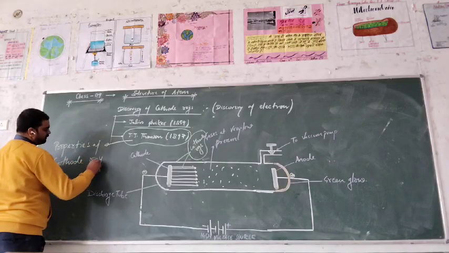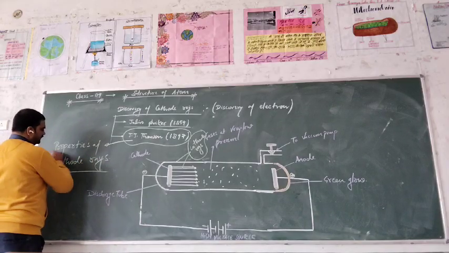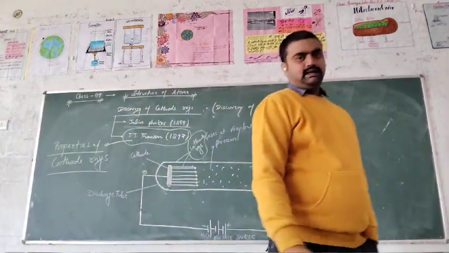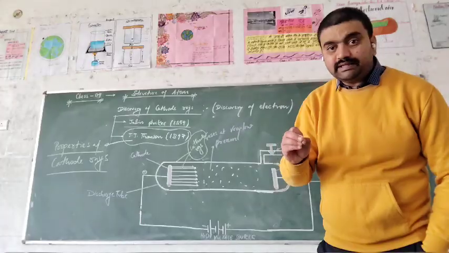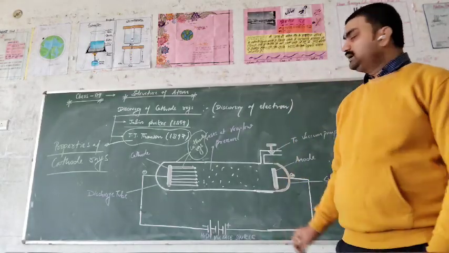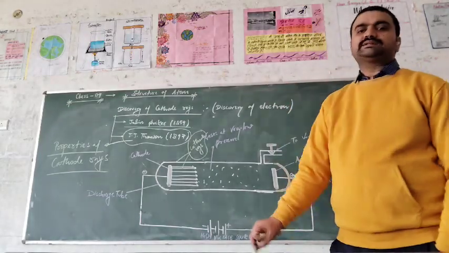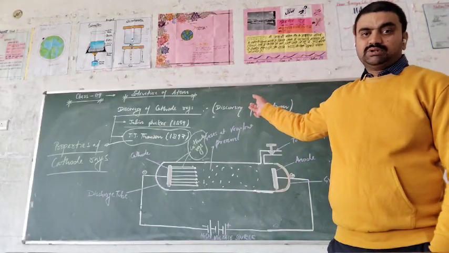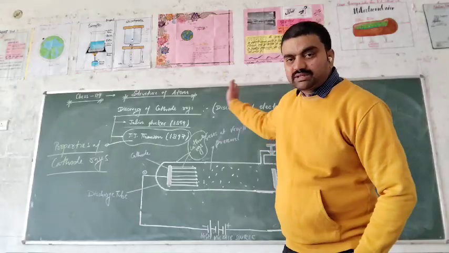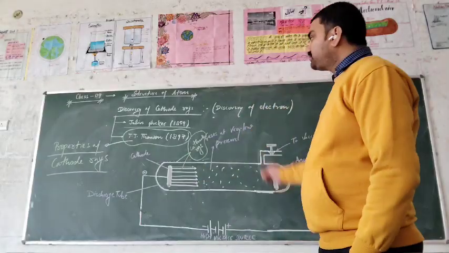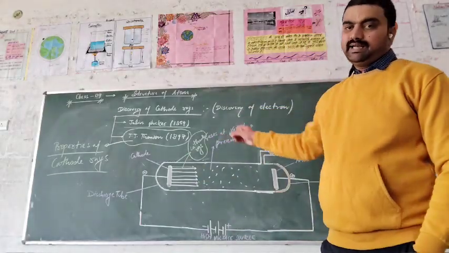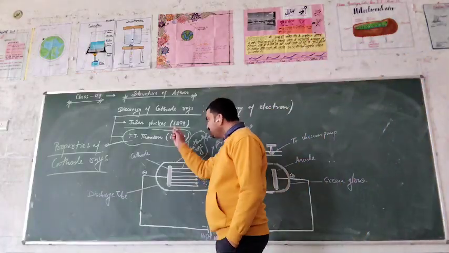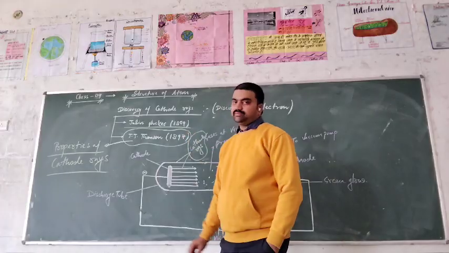He studied the properties of cathode rays and mentioned some important points regarding them. Thus J.J. Thomson was the scientist who first explained that a beam of cathode rays is an electron. So the credit for the discovery of the electron goes to J.J. Thomson, and the discovery of cathode rays goes to Julius Plucker initially, and after that Thomson.